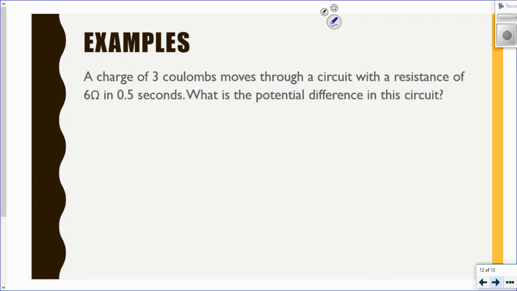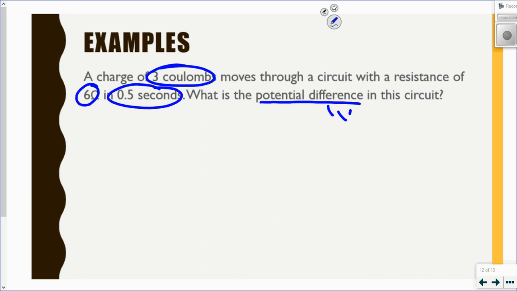Now this next one's got 2 parts to it. We've got a charge of 3 coulombs moving through a circuit with a resistance of 6 ohms for 0.5 seconds. I want to know the potential difference in the circuit, which means we are looking for V. So I'm going to set this up, V equals IR, and I know the ohms are 6, I know that's the resistance.